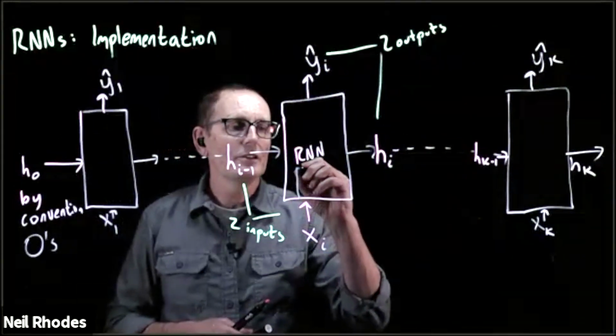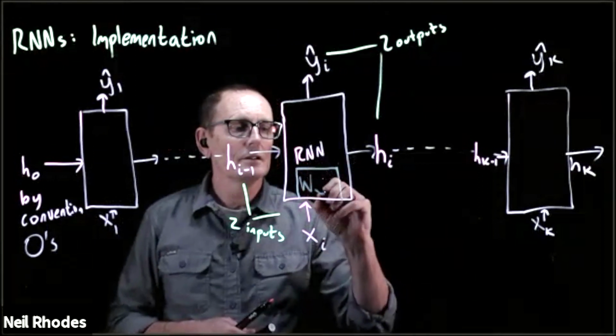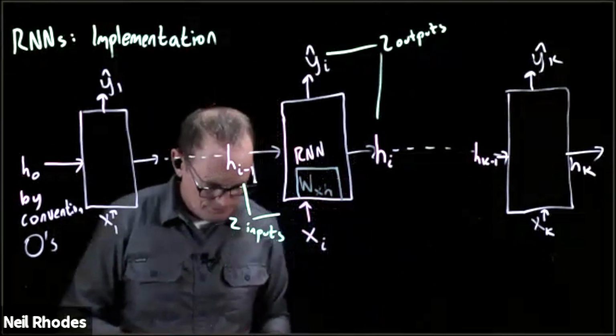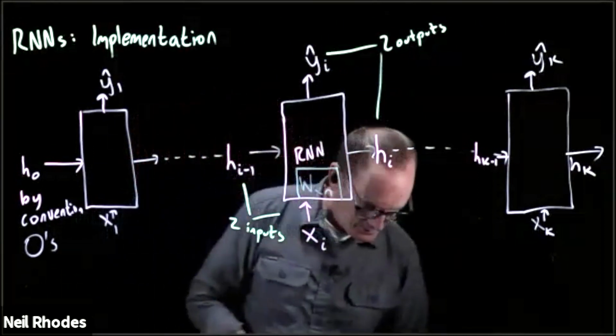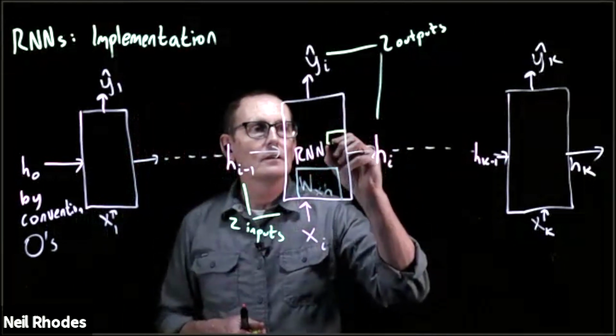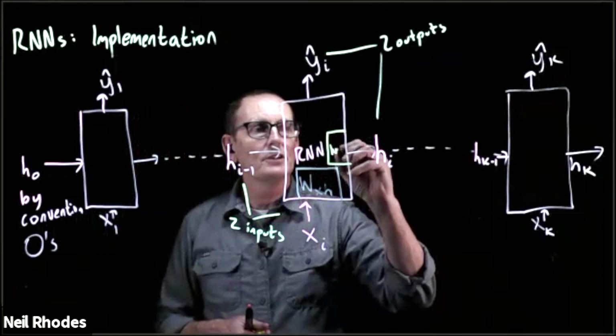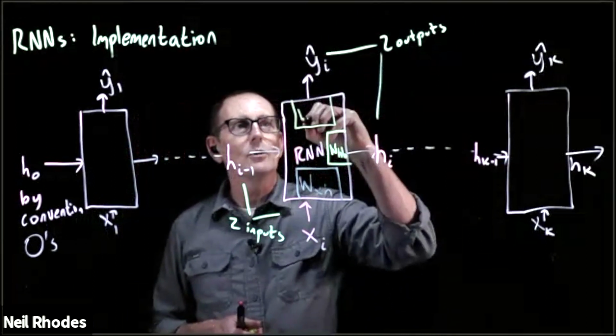We have 3 weight matrices: WXH, WHH, and WHY.